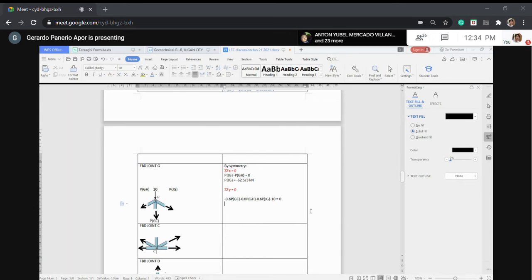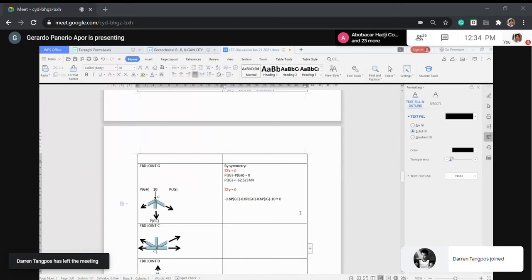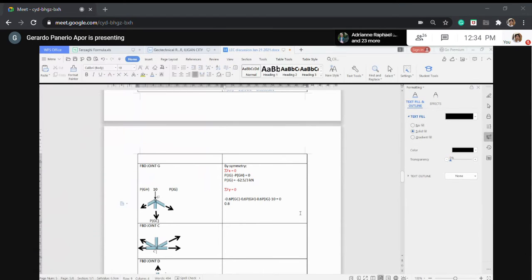So if I'm going to transpose, I can divide all by 0.6. So I will have 0.6 of PGC is equal to positive 0.6 plus 0.6 is 1.2, times 62.5 divided by 3.